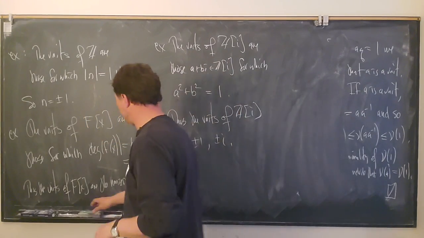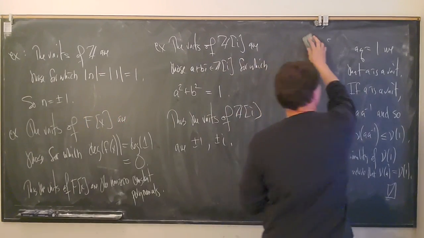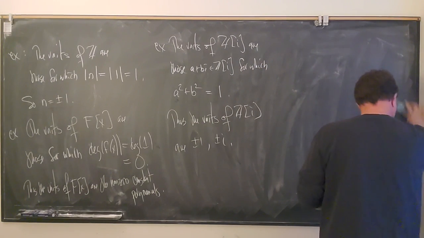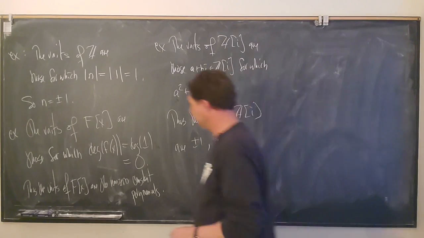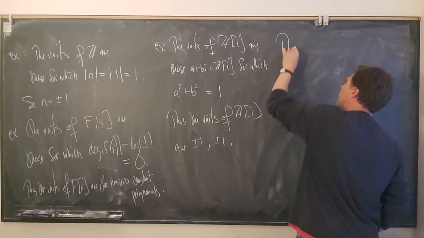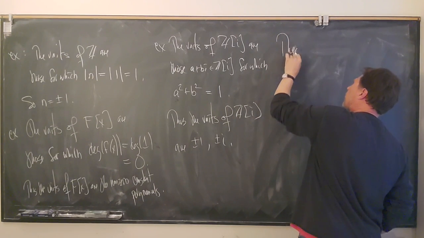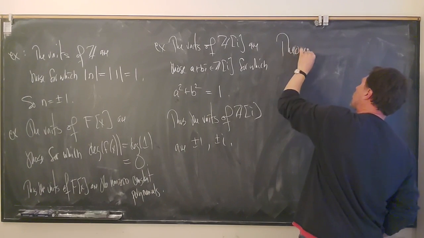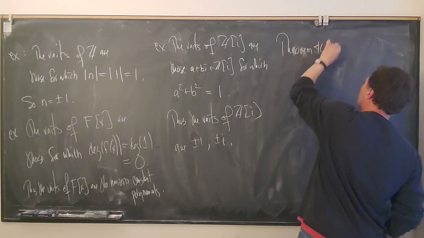Now, there's one more thing, and I'm not going to prove this, but there's one more fact about Euclidean domains. So I'm going to state this as a theorem, but this is one that I'm not going to prove, and we're not going to make use of it. Theorem 46.4.